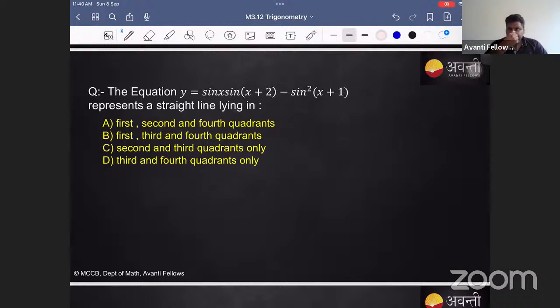The options are: first, second, and fourth quadrant; first, third, and fourth quadrant; second and third quadrant. All right.